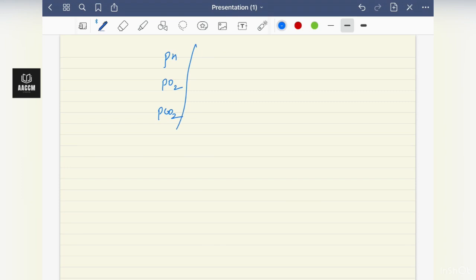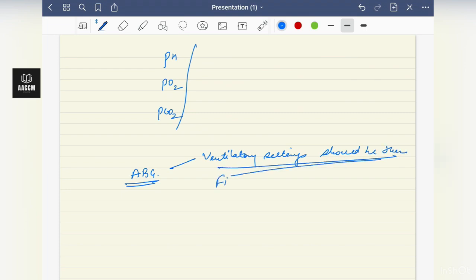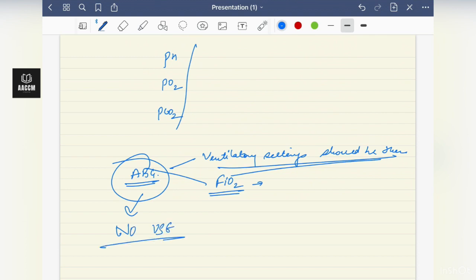But before going to this point, we have to remember one thing: whenever someone shows us an ABG, the ventilatory settings should be there. Without the ventilatory settings, without the FiO2 at which the ABG has been taken, the ABG is of no use.